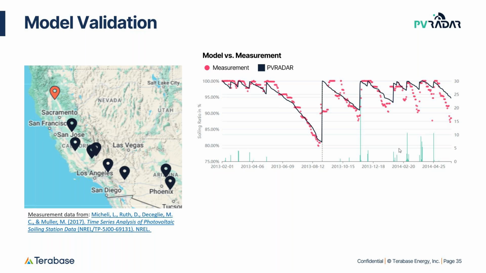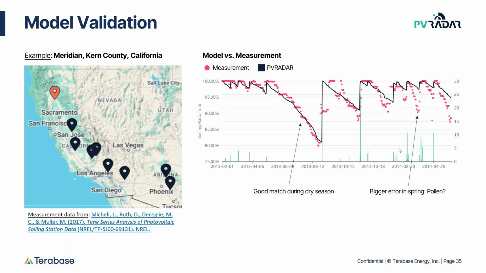What we see here is the comparison: in red, we see the soiling measurements that have been published in the paper, and on top of this, we see the result of our model. As we can see, we have a very good fit for most of the dry period, although of course there are always some local differences.